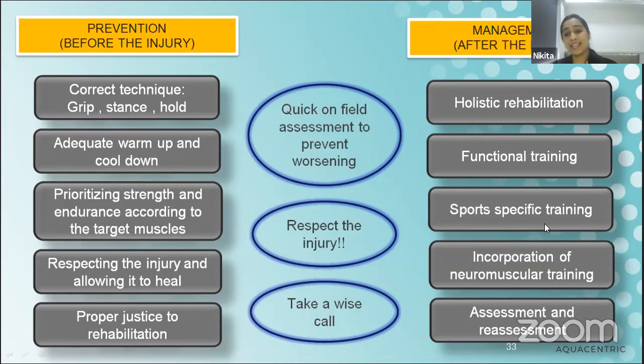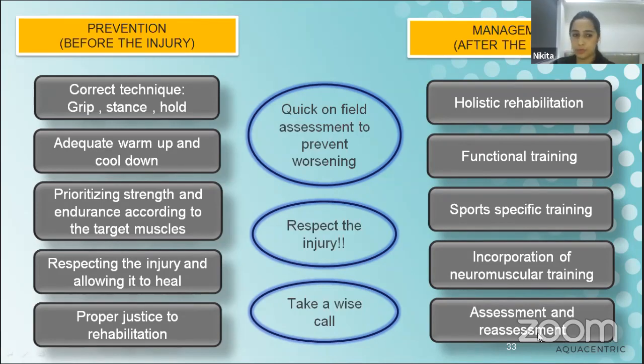Sport specific training is translating the effects of your attained strength into the sport the athlete is designed to play. Then incorporation of neuromuscular training. Remember, your postural reflexes and motor control, targeting your nervous system right from the first day of rehabilitation, is the first factor to prevent recurrence of the injury.